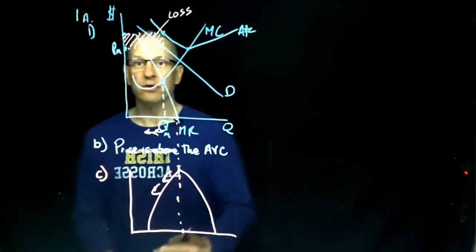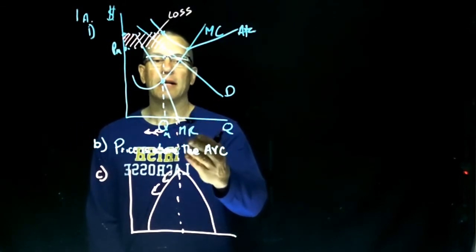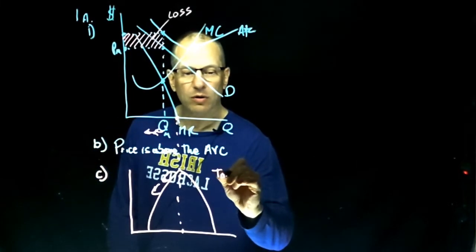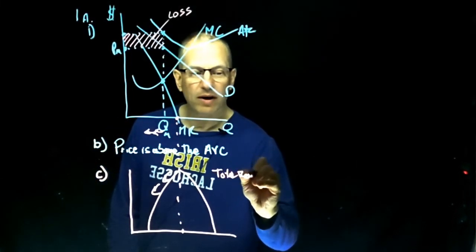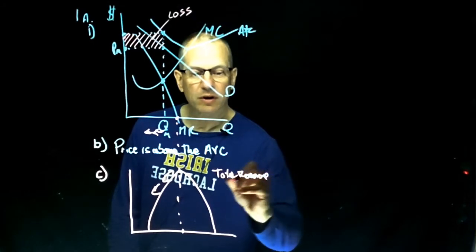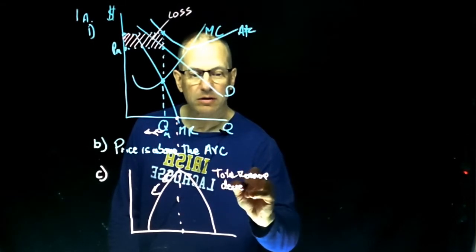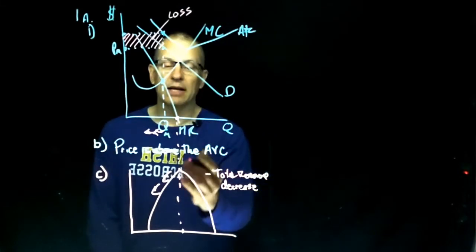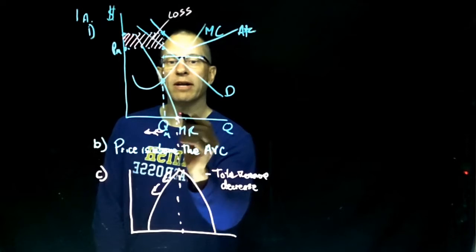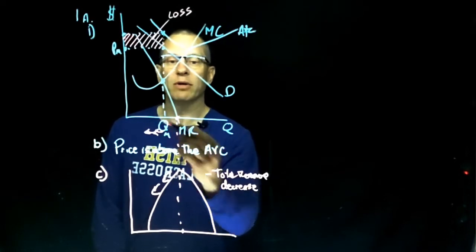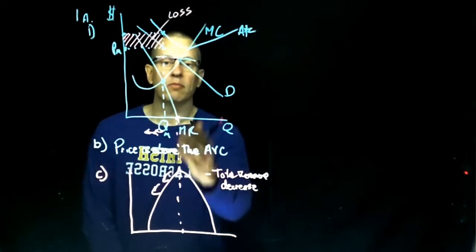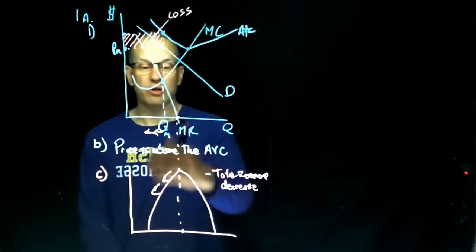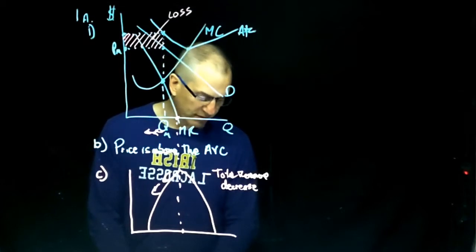The easiest way to explain this is: total revenue decreases. Make sure you understand that this is the total revenue curve right here, and when marginal revenue is 0, if quantity were to decrease, moving to the left, we would see a decrease in total revenue.